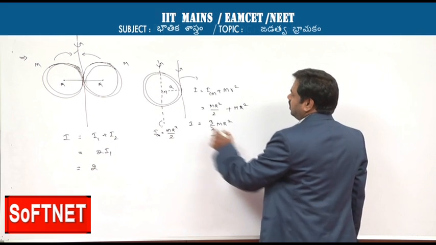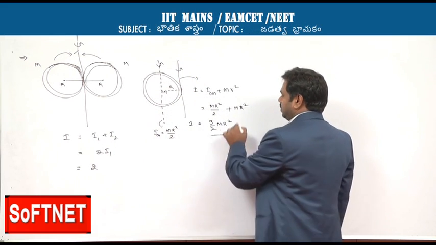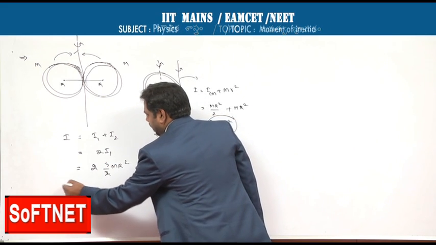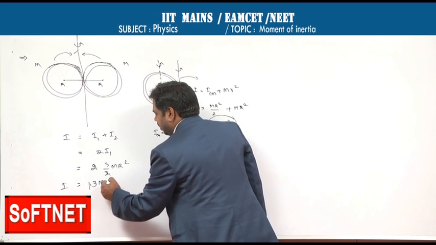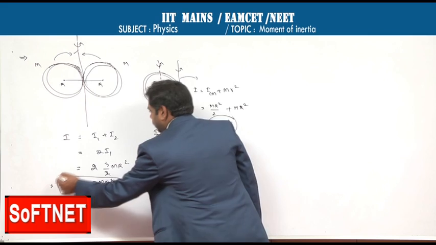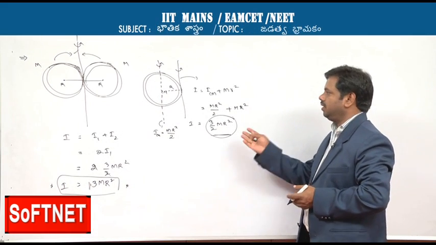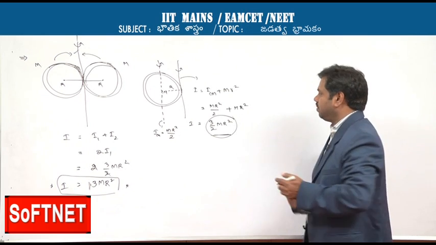I1 is nothing but the moment of inertia of the ring about this axis, that is equal to 3 by 2 MR square. 2 gets cancelled, and finally you will get I is equal to 3 MR square. So like this we can find out the moment of inertia of the different rigid bodies when they are combined. Let us take one more example.